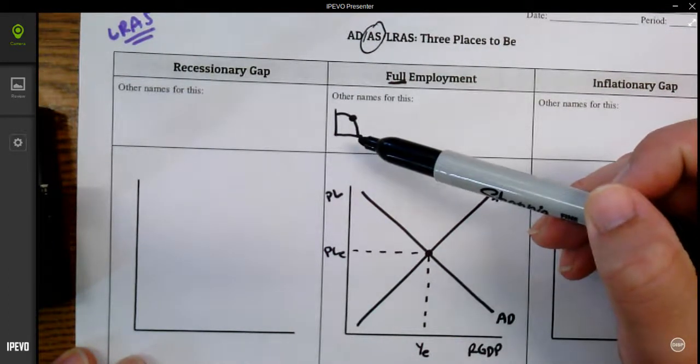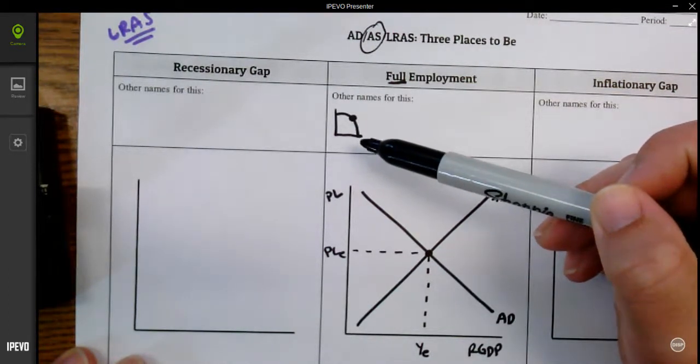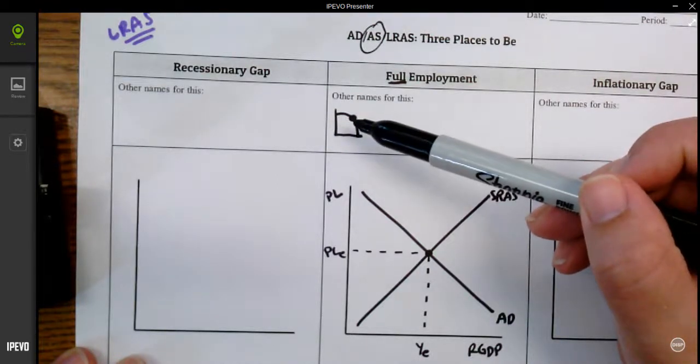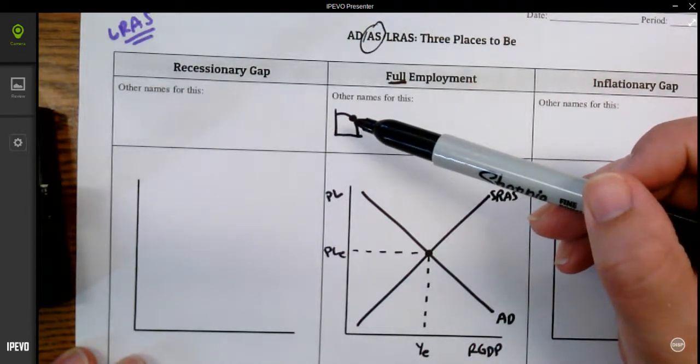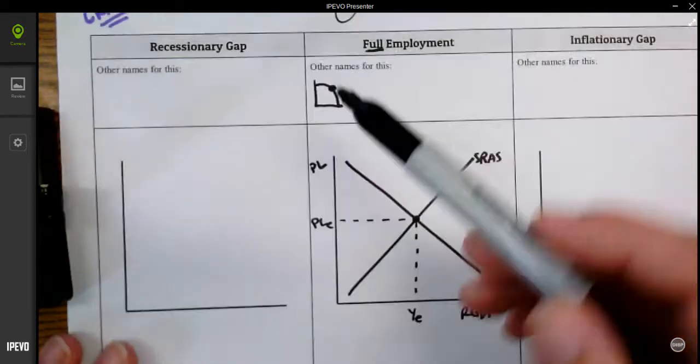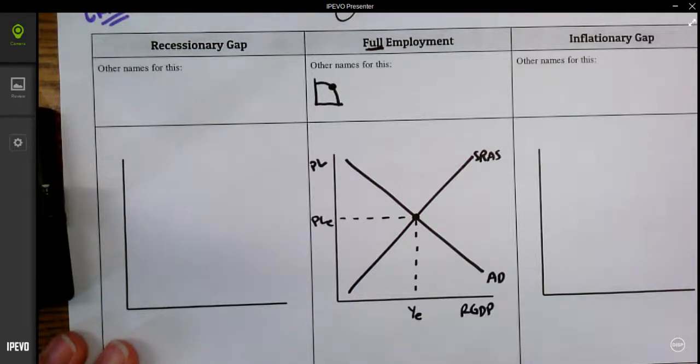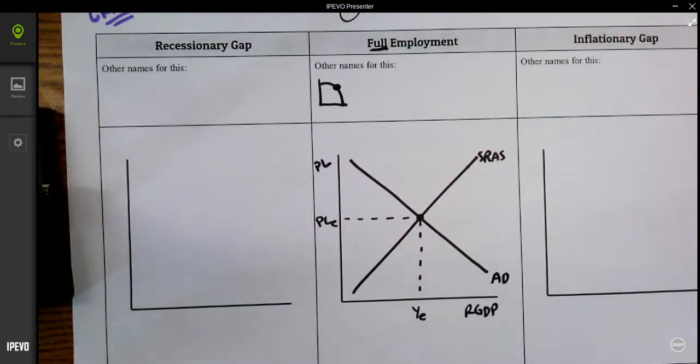The PPC offers us one insight, one window. We get to see the distribution of capital and consumer goods and whether or not we're utilizing our factors of production efficiently. This graph tells us about the price level in the economy and the real GDP. So this graph tells us about inflation, and it tells us about C plus IG plus G plus XN and how those things are interacting with one another.